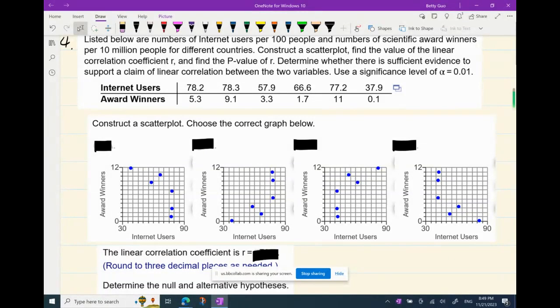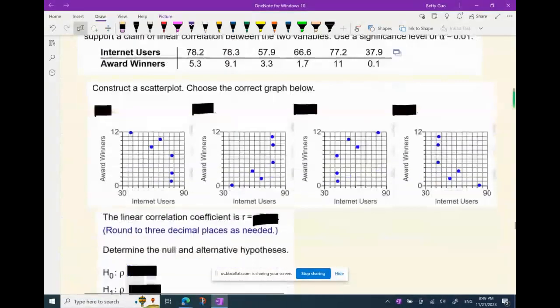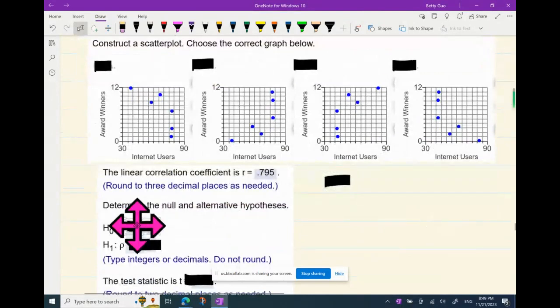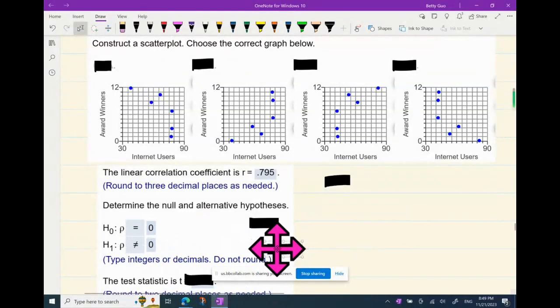My r equals 0.79. If we keep three decimal places, it's going to be 0.795, right? The null is always rho equals 0. The alternative is always rho not equal to 0.